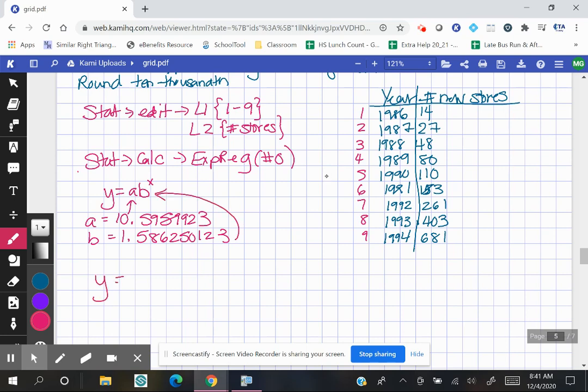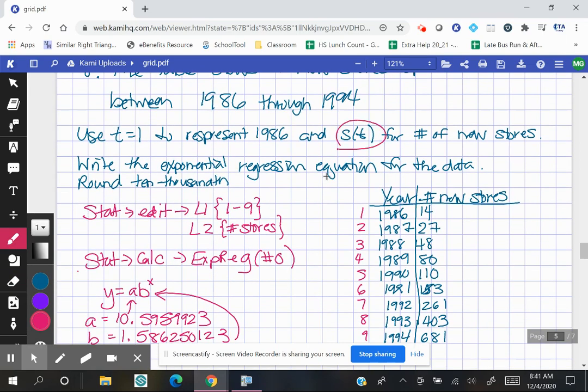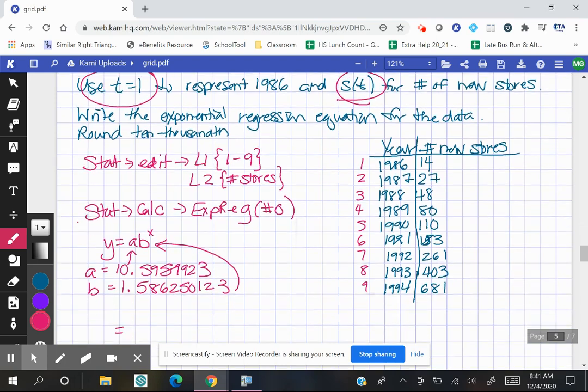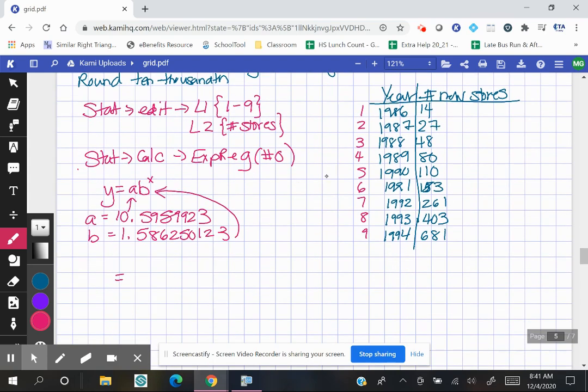So our final equation would be, and actually we don't want to use Y because they said to use S of T and T. And it's really important that you use the letters they say, because you will get points taken off if you don't use those. So S of T would be, now we want to round to the nearest 10,000th. So 10th, 100th, 1000th, 10,000.